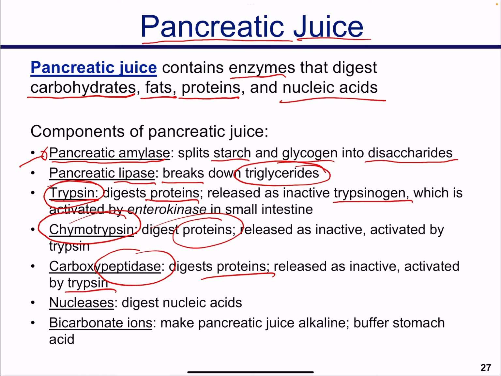Then you have other enzymes that break down nucleic acids. These are the nucleases. The nucleases break down nucleic acid. Think about it. When, for instance, you eat chicken, what are you actually eating? You are eating chicken muscles, right?